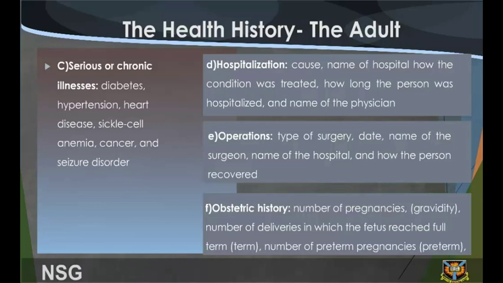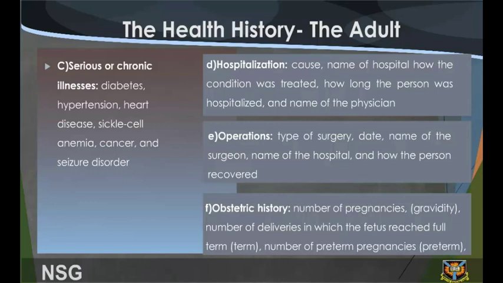D. Hospitalization: cause, name of hospital, how the condition was treated, how long the person was hospitalized, and name of the physician. E. Operations: type of surgery, date, name of the surgeon, name of the hospital, and how the person recovered.